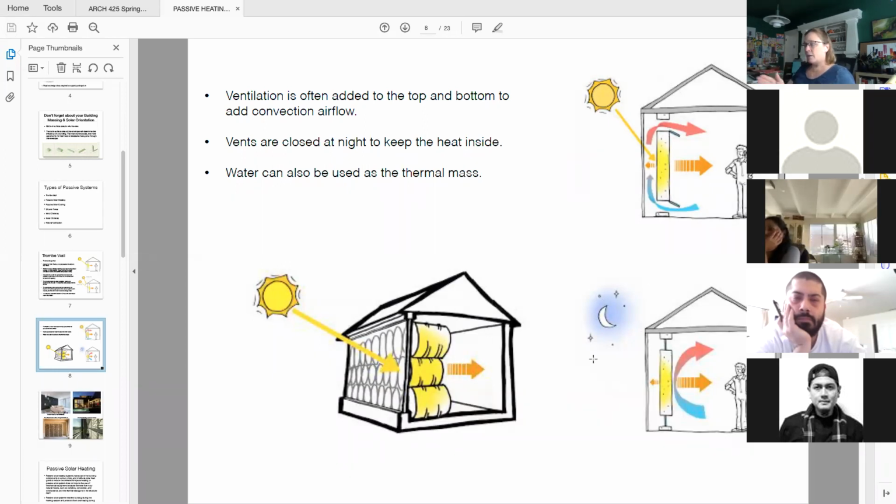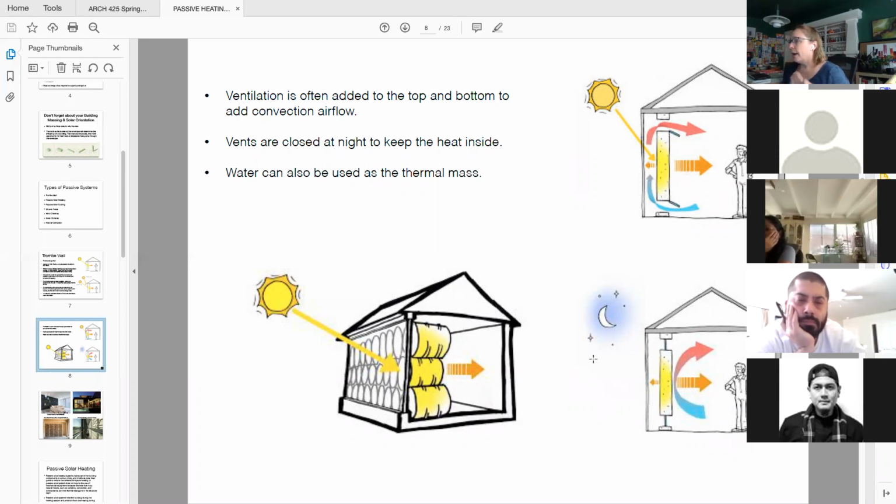And as that air comes up in that airspace, in front of your thermal mass, it's going to warm up. And so that heat's going to rise. And then it needs to have another ventilation opening to go into the space. These openings don't have to be continuous along the entire wall. They can be at certain specific locations. But this is relying on not just conductance, but it's adding convection into the system.